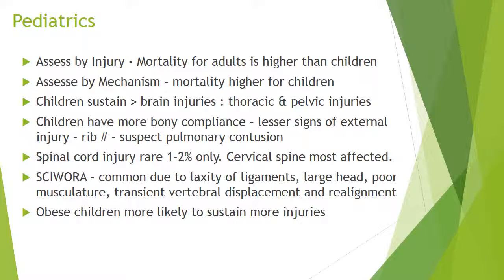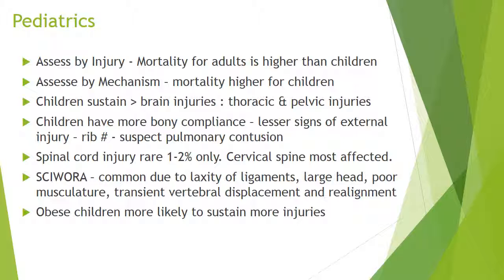Spinal cord injuries are very rare, and the cervical spine is most affected in children. Children have very lax ligaments, large heads, and poor musculature, and here, although there is a fracture, there could be a transient vertebral displacement and realignment.